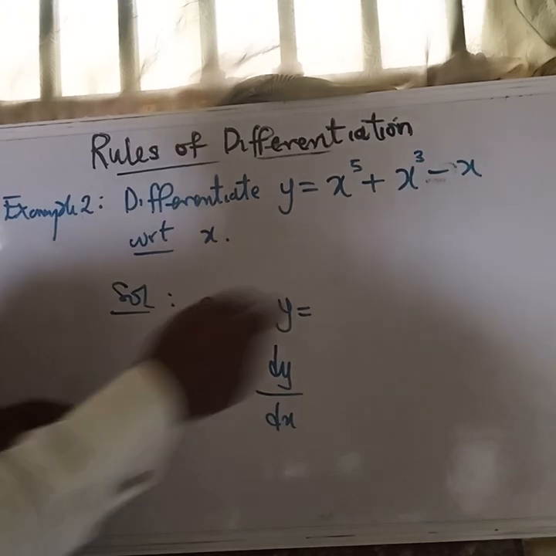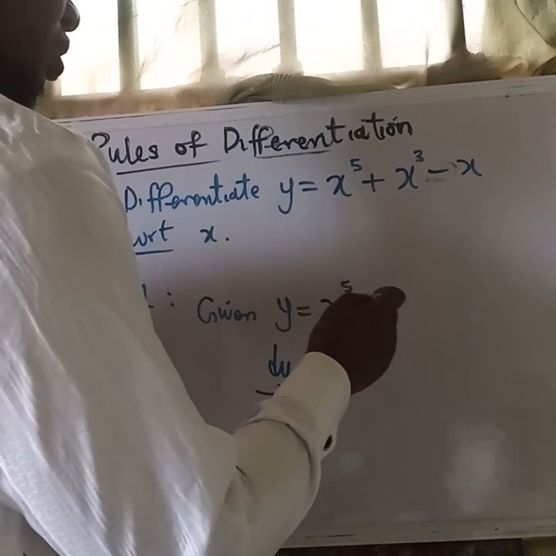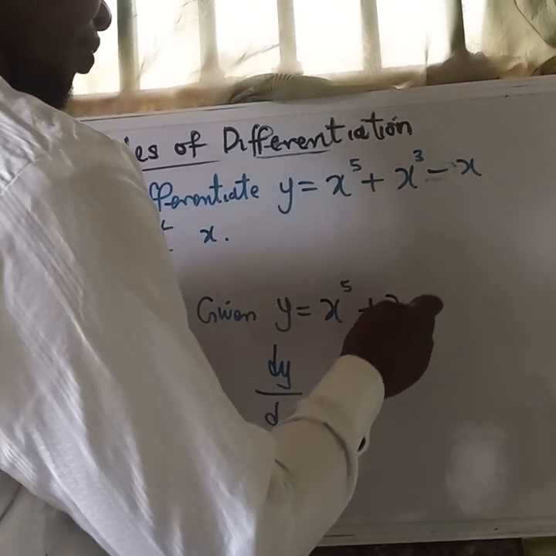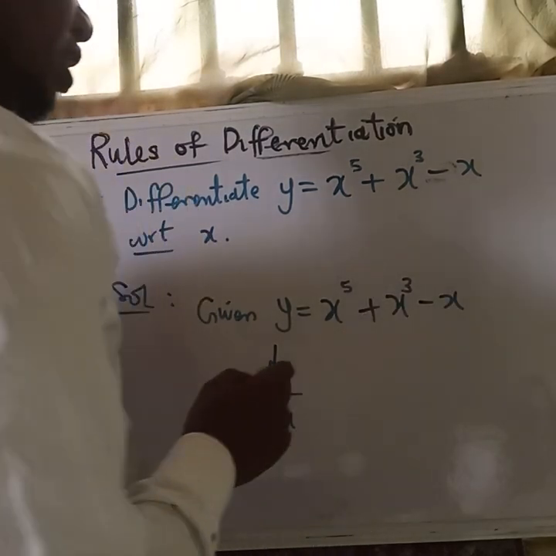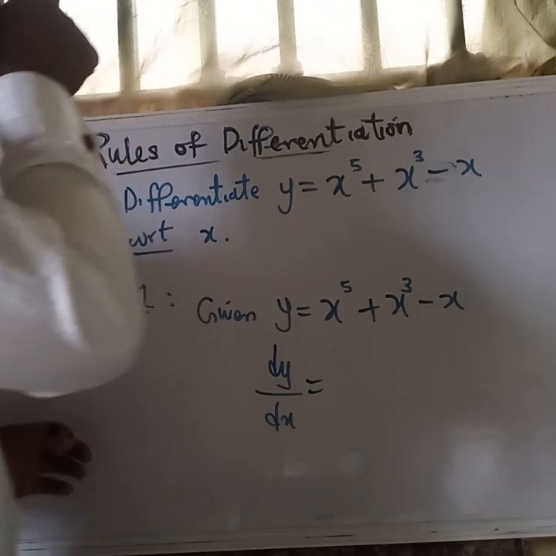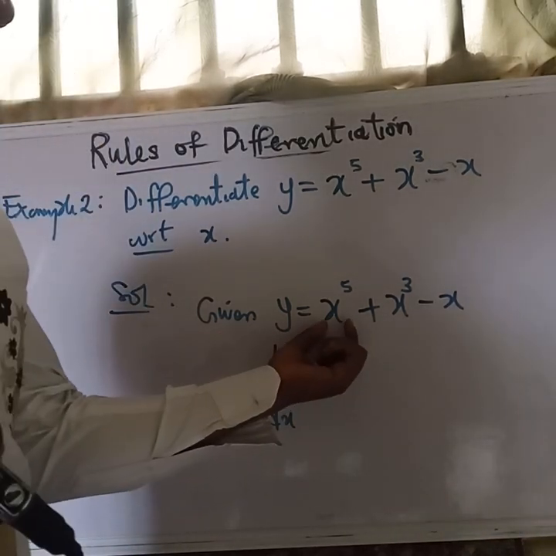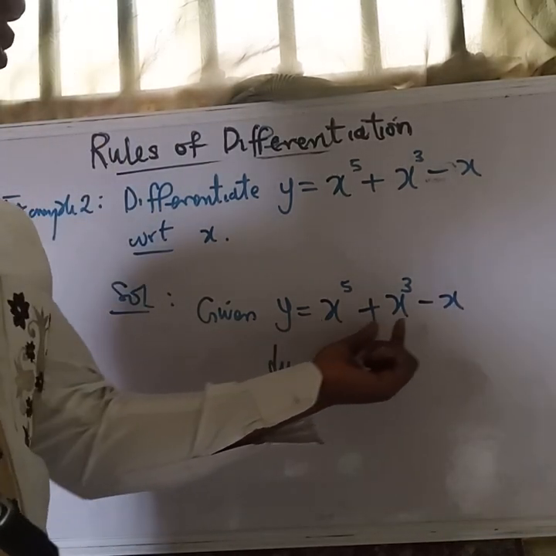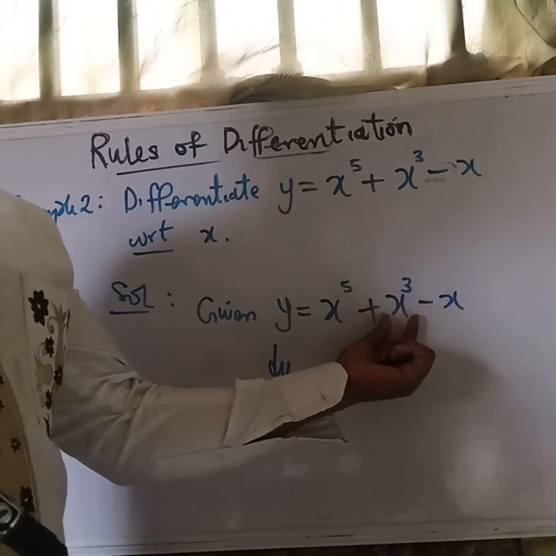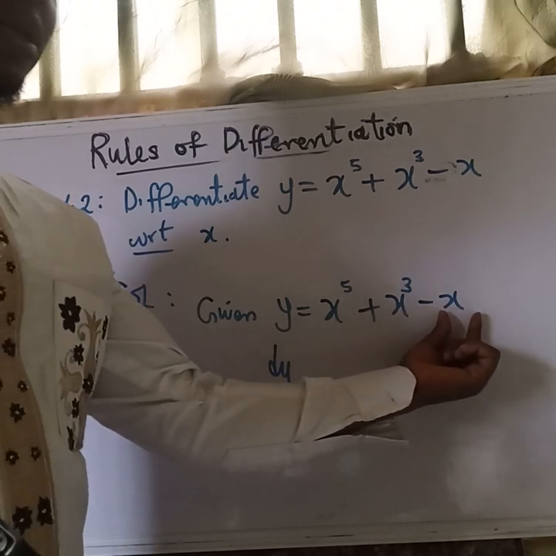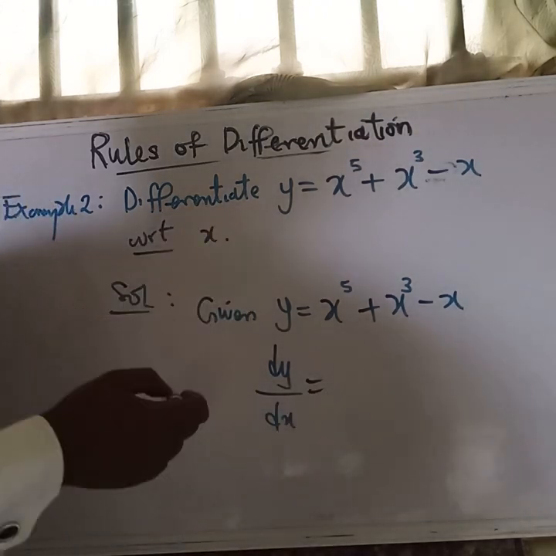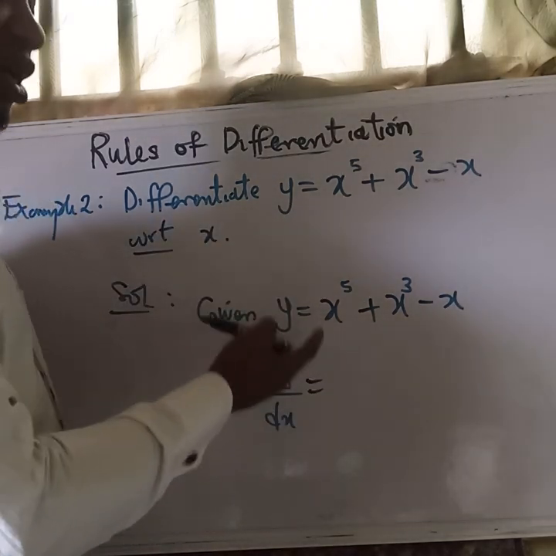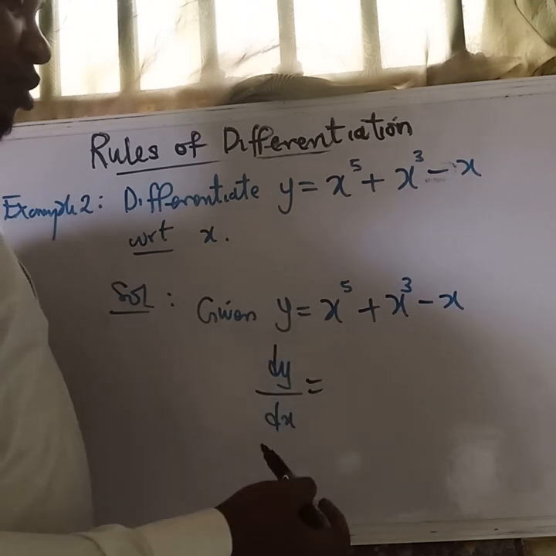Let's see this quickly. Here also we are given 3 functions. The first one is x to the power 5, the second one is x to the power 3, the last one is x. Again, we can regard these as functions u, v, and w. If you apply the law, we differentiate each of these functions with respect to the argument x.